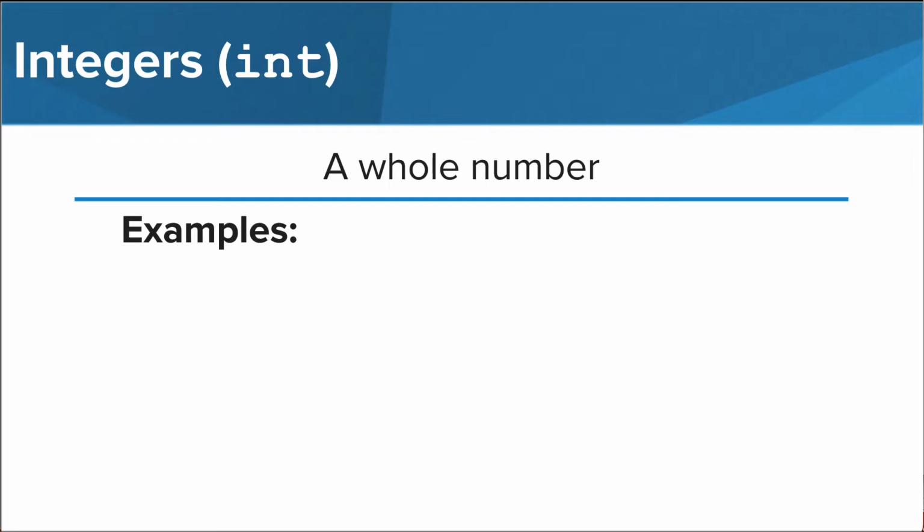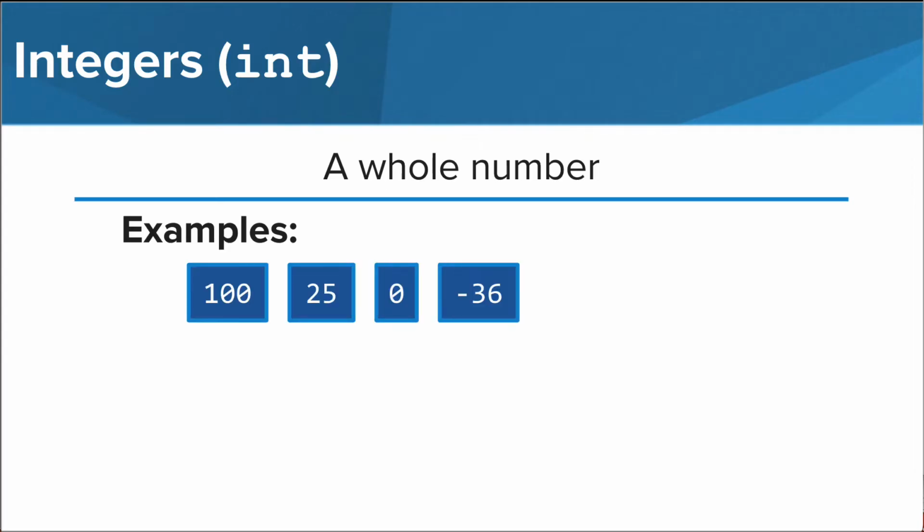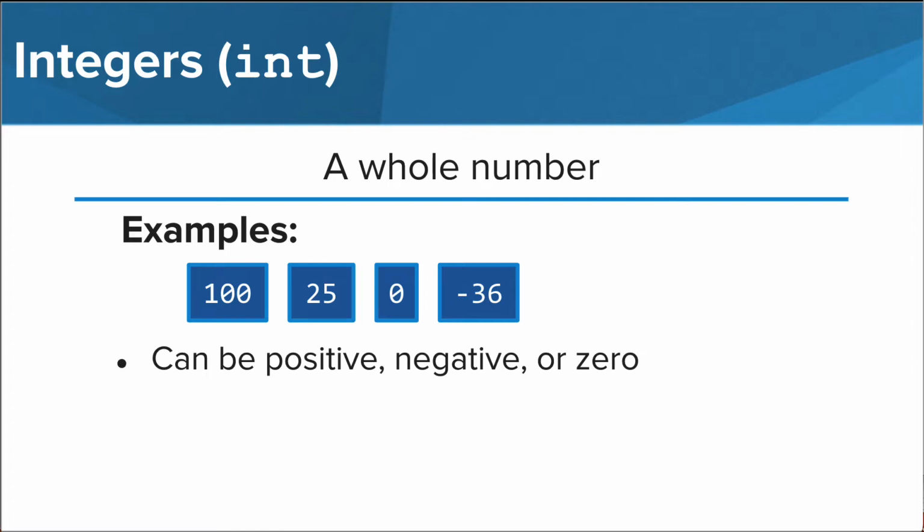Integers, or ints, are whole numbers. Some examples you can probably guess are 100, 25, 0, and -36. Positive, negative, and 0 values can all be integers. Would this value be considered an integer? Because this number is surrounded by quotation marks, it would actually be a string data type.